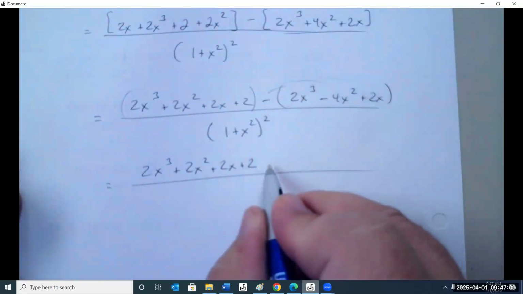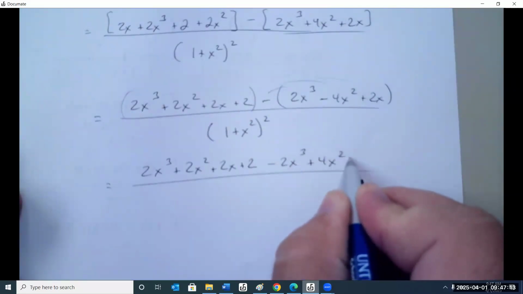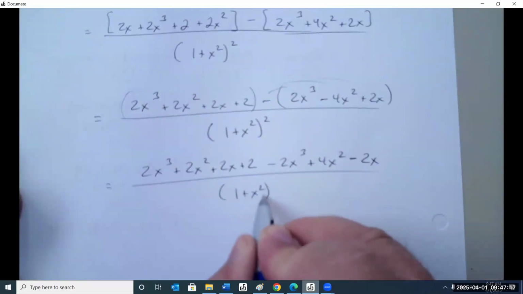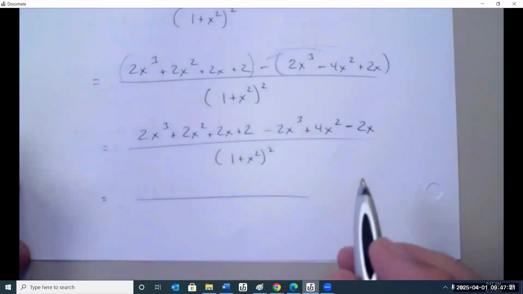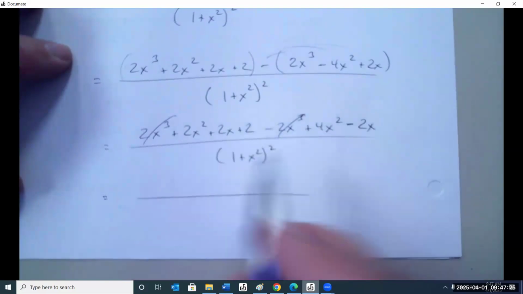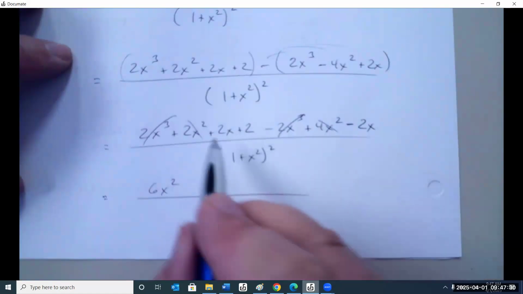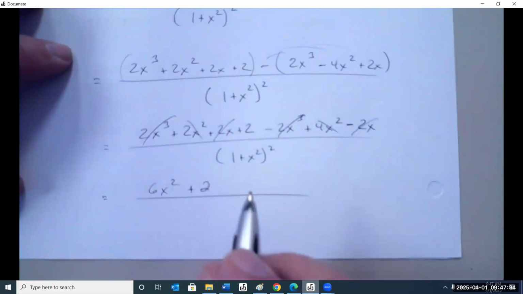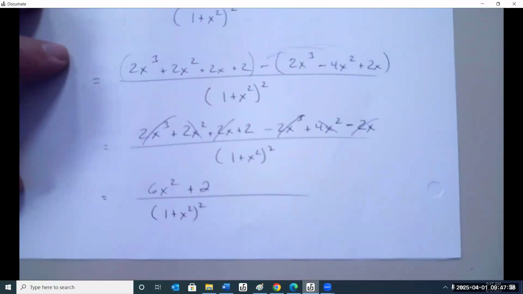Distribute the negative. Combine like terms. So the 2x cubes cancel. 2x squared and 4x squared is 6x squared. Positive 2x minus 2x cancels. Plus 2, over 1 plus x squared, squared.